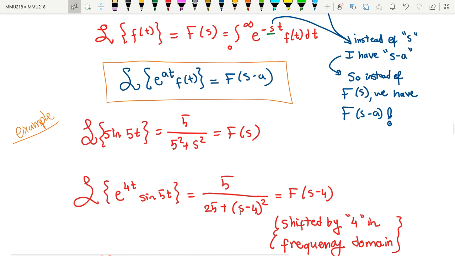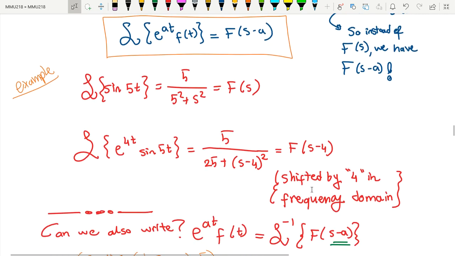And the s will be shifted by how much? By 4. S minus 4 squared. So this is nothing but F of s minus 4, or capital F of s minus 4 for this Laplace term. So my function is shifted by 4 units in the frequency domain.